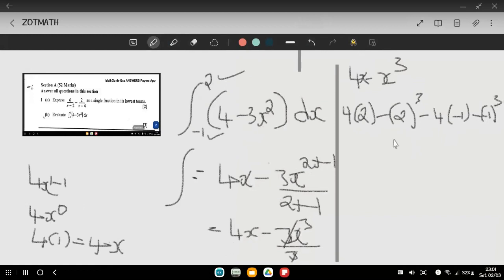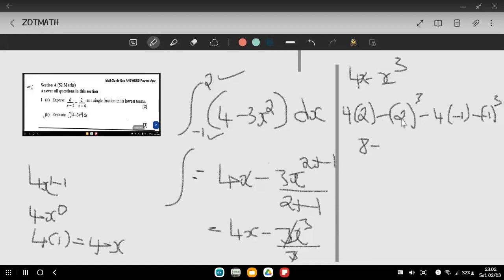No one. 4 multiplied by 2 is 8, okay? Then here we need to be very careful. Most people miss it. This negative is outside the brackets, so it is maintained.